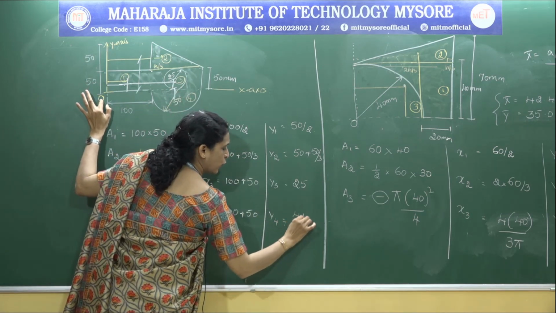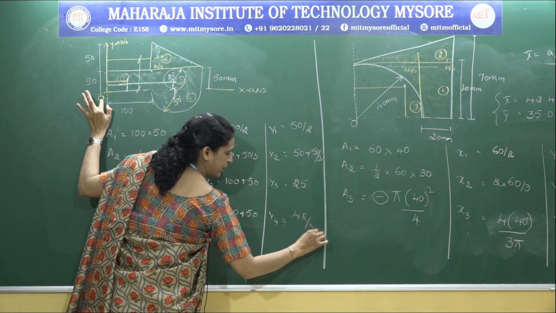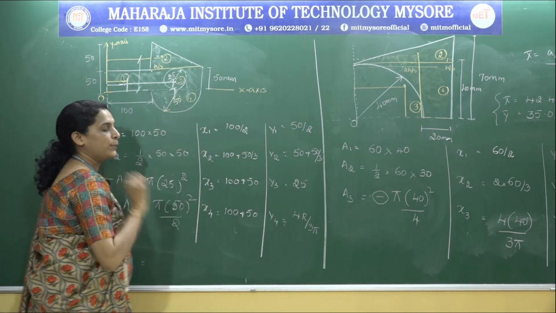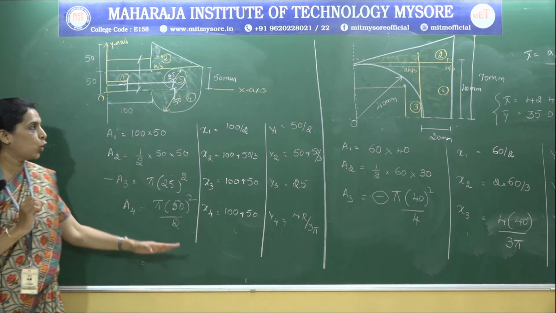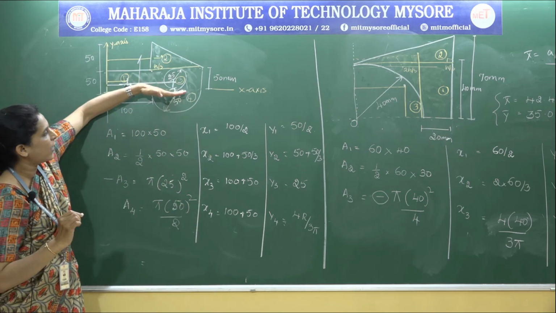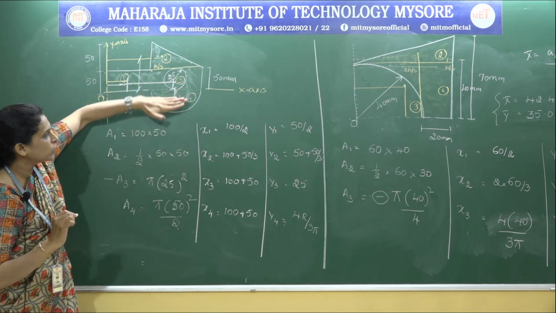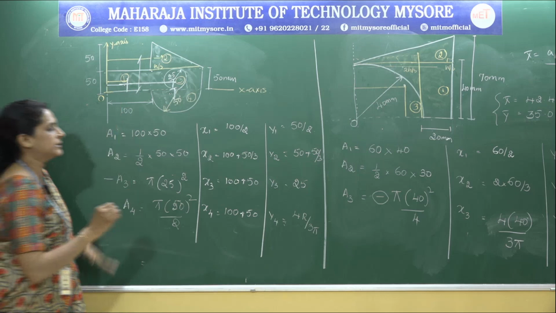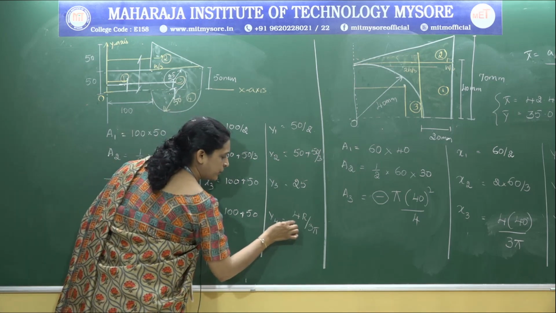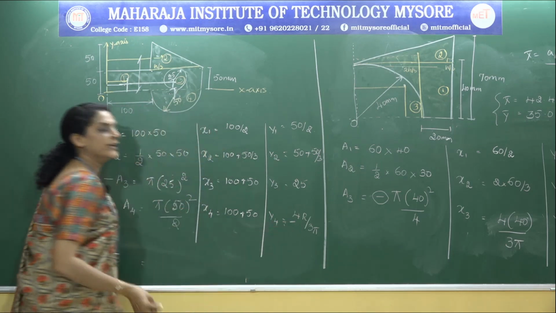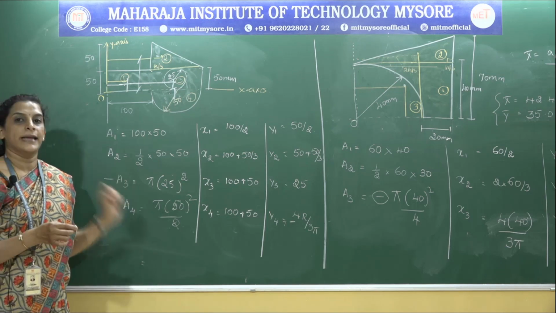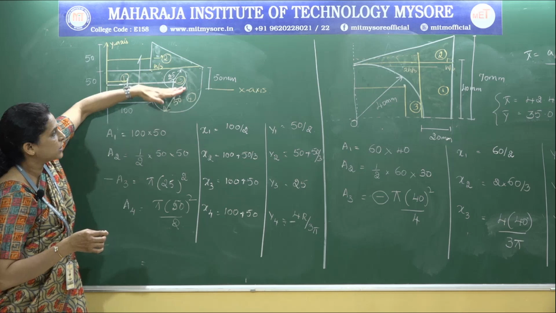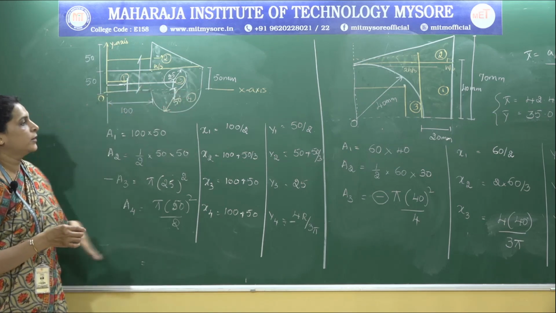Therefore it is 4r by 3 pi. Radius is 50. Very important, we will have to note here that we have this section below the axis. So that point will be considered negative, means y4 is to be prefixed with a negative sign as that ordinate lies below the axis.